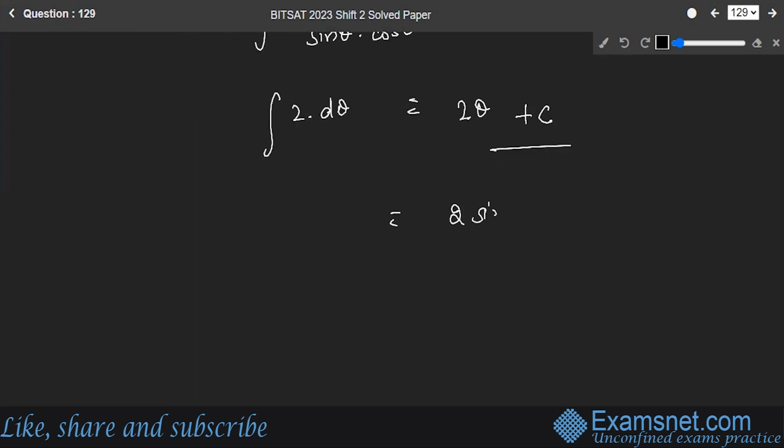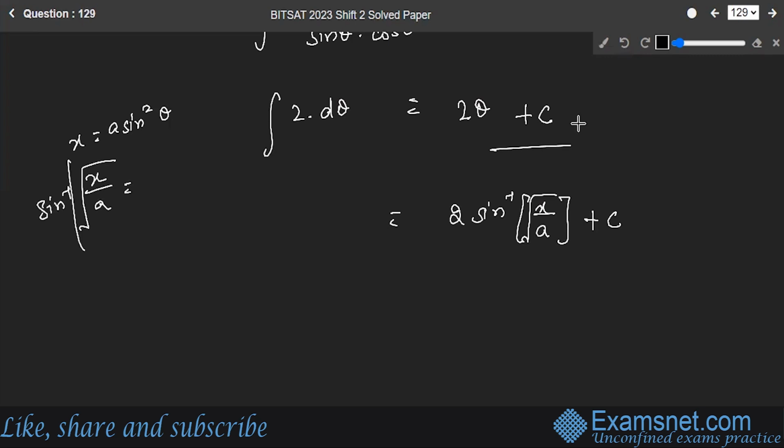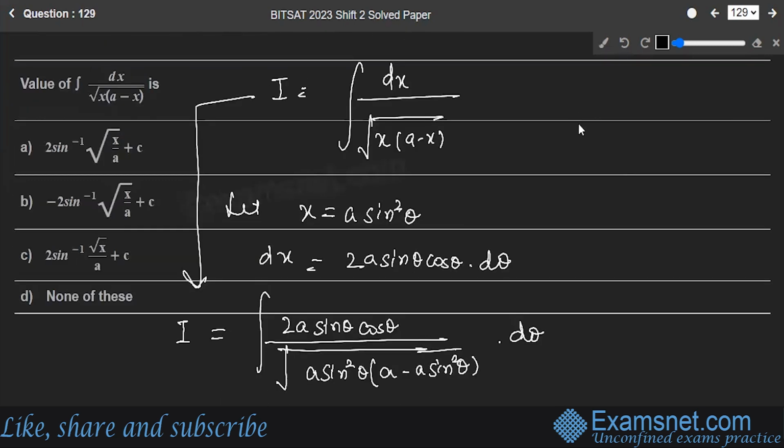Theta was equal to sin inverse of root of x upon a, plus c, because you had taken x is equal to a sin square theta. So root of x upon a is sin theta, so sin inverse gives theta. So this is the answer to the question, and we have option A as the correct answer.